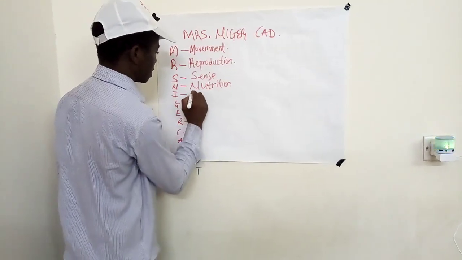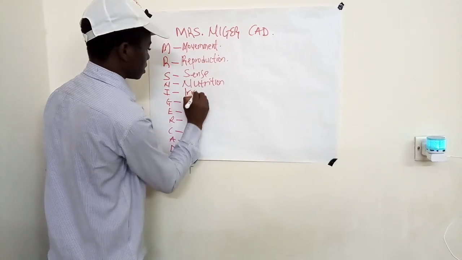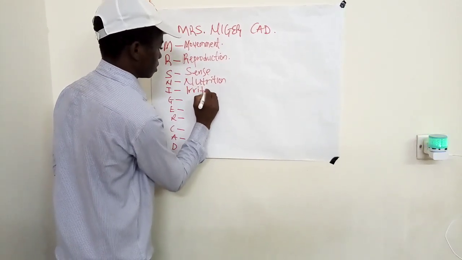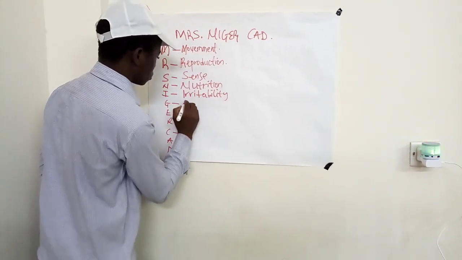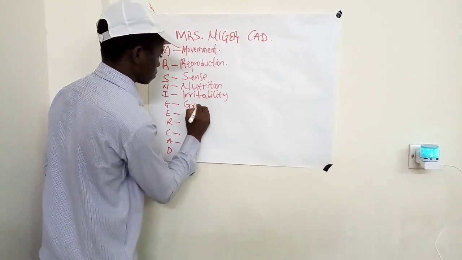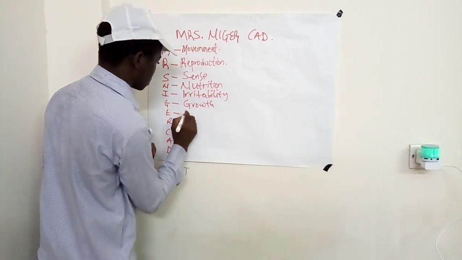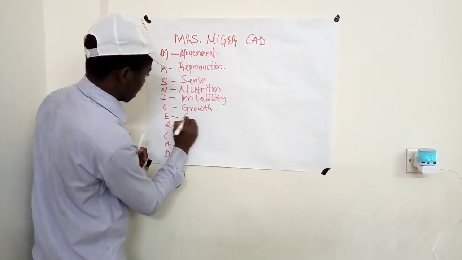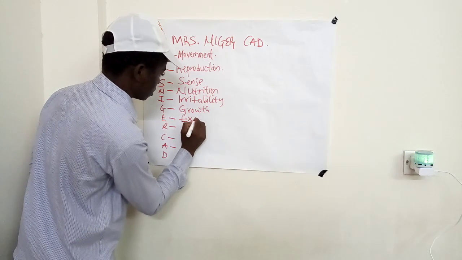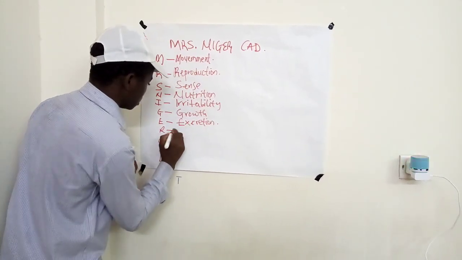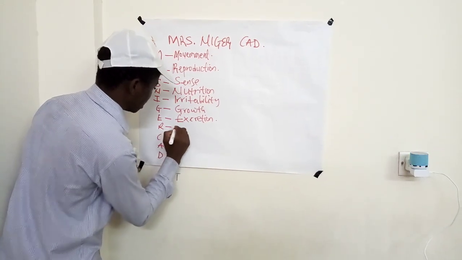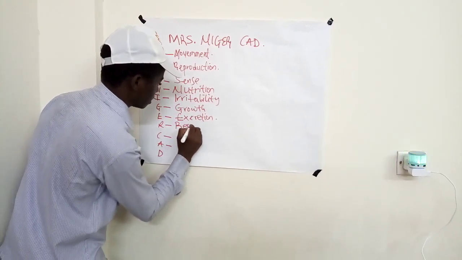The fifth one is irritability. The sixth one is growth. The seventh one is excretion. The eighth one is respiration.